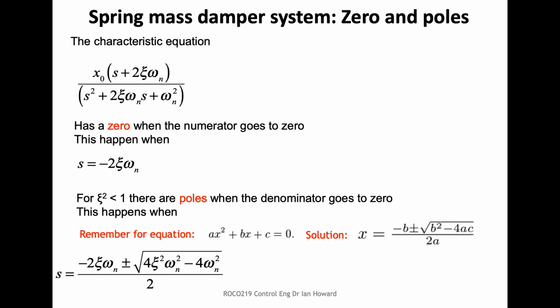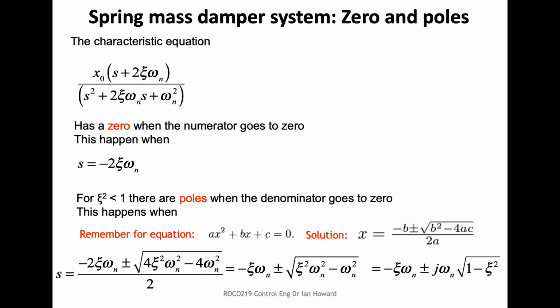Now, the solution to this equation, we've already been there. What's the characteristic equation of this system? It's when the denominator goes to 0. It has a zero when the top is zero, when s equals minus zeta omega n, and it has poles when the denominator goes to 0, and that's the equation we had previously.